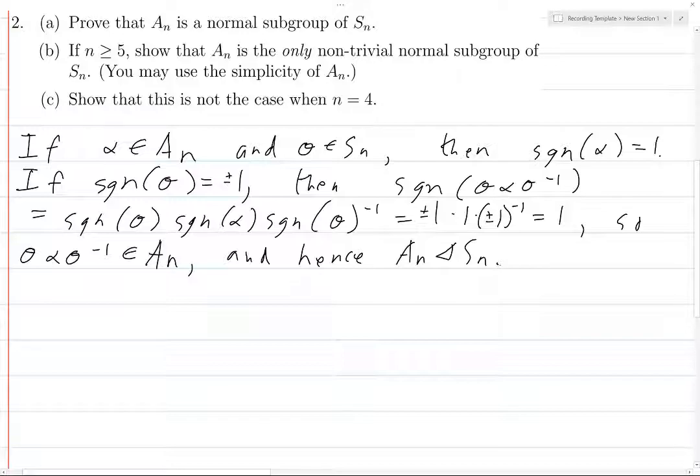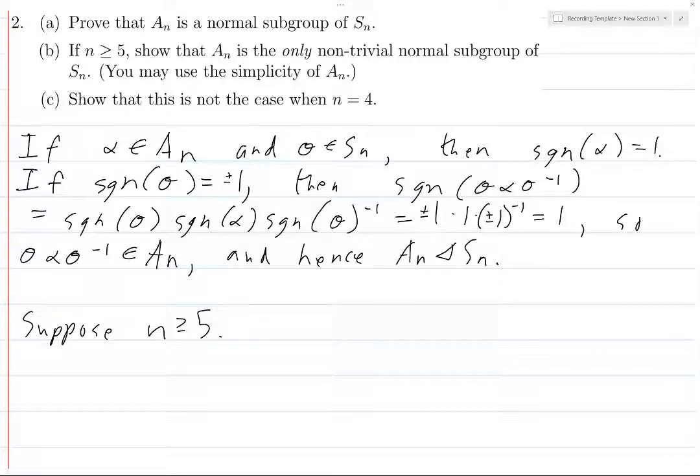So now we want to move on to B. Suppose n is greater than or equal to 5. Of course this is going to rely on the fact that A_n is simple when n is greater than or equal to 5. That's really the foundation of this argument.